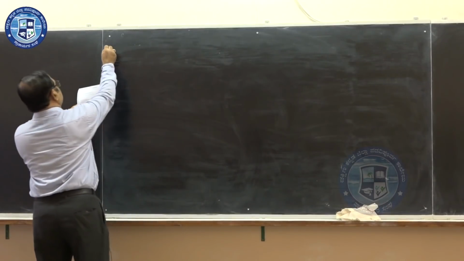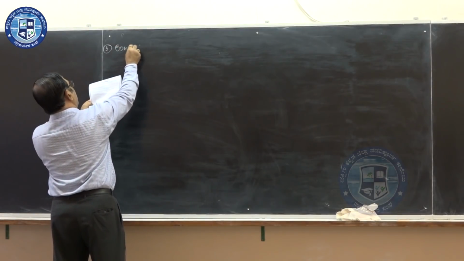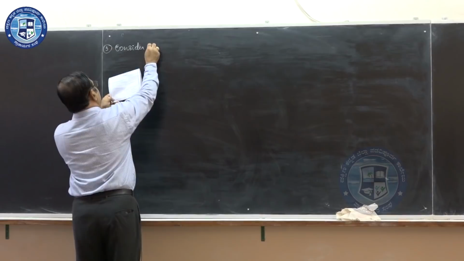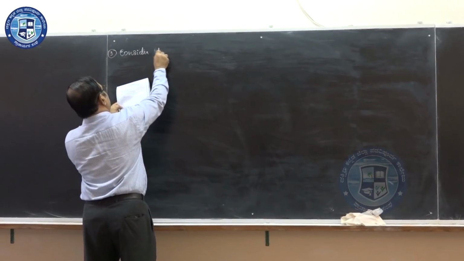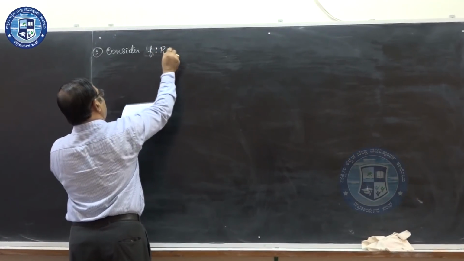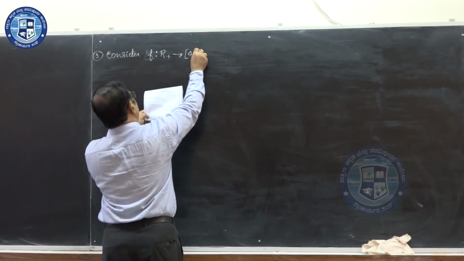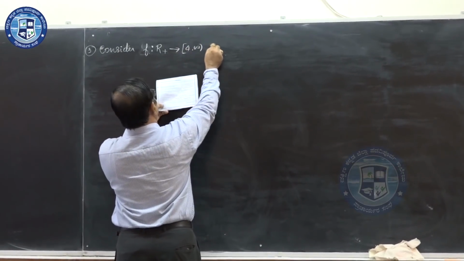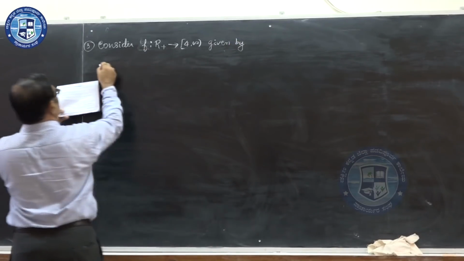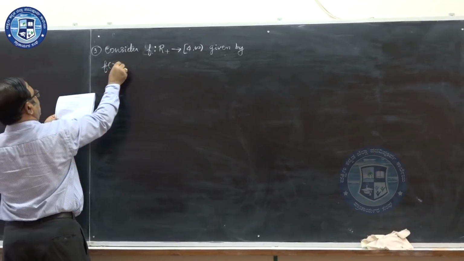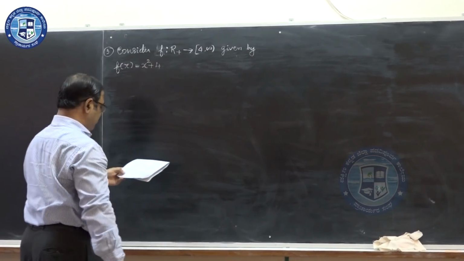One more problem. Consider f from R plus, the set of positive numbers, to 4 infinity, given by f of x is equal to x squared plus 4.